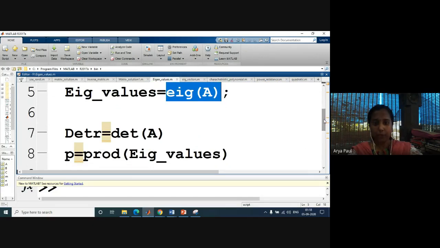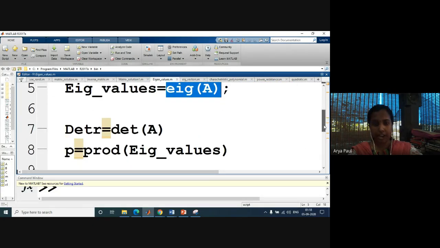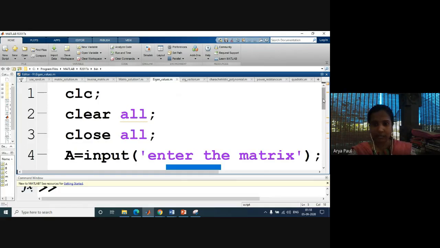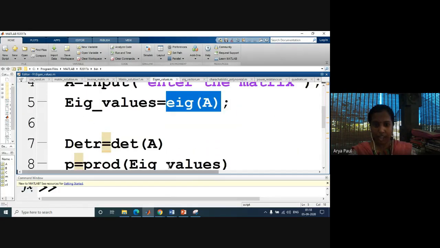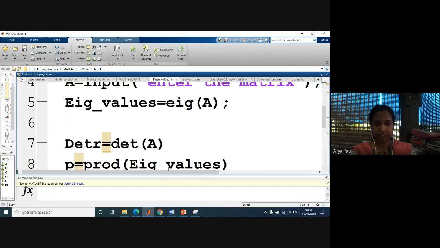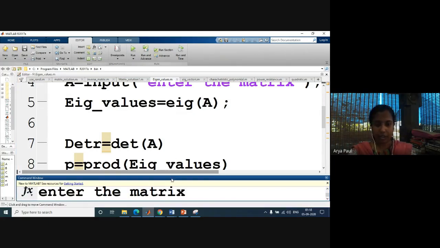Now I will run this code and show you what the eigenvalues of the matrix are. When I run this particular code, you need to enter the matrix.